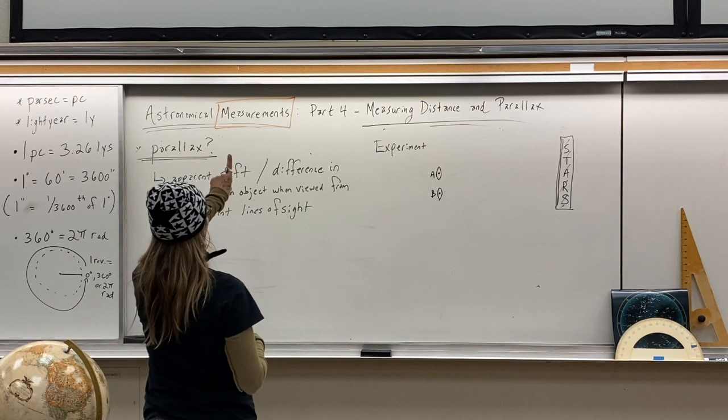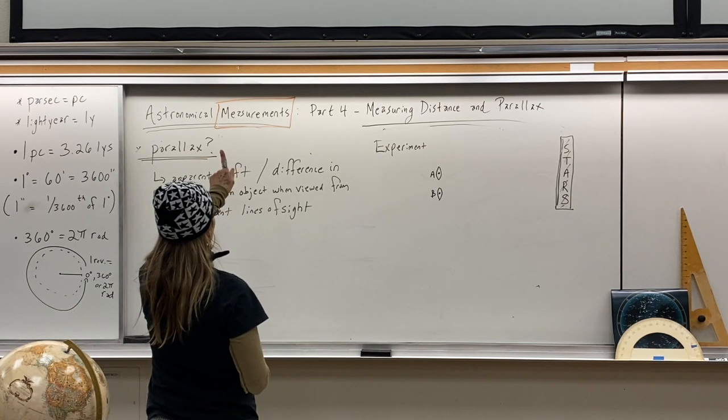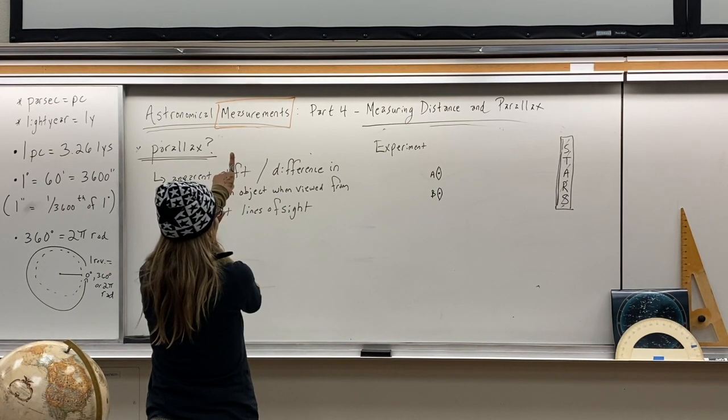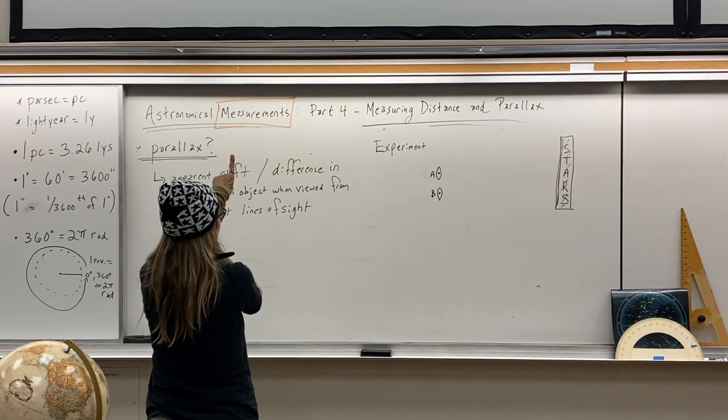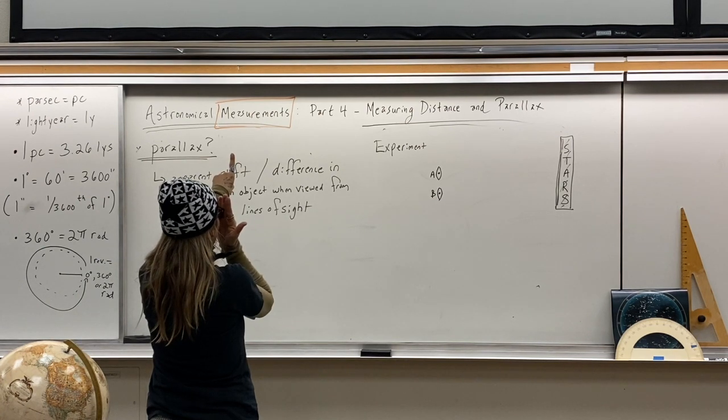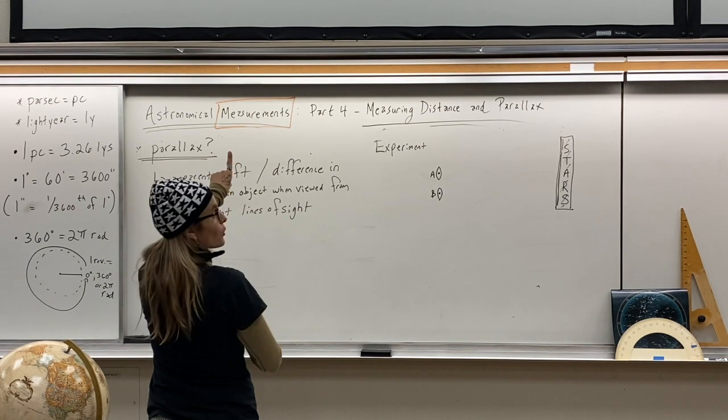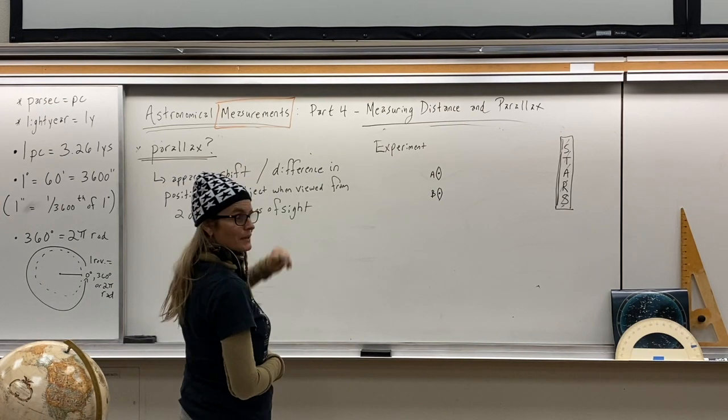Take your finger and center it in front of the word, and then cover up your left eye and look at your finger. Uncover your left eye and then cover your right eye and look at your finger. And you can see that the position of your finger changes with respect to the wording of the word measurements. And you can do that with anything.